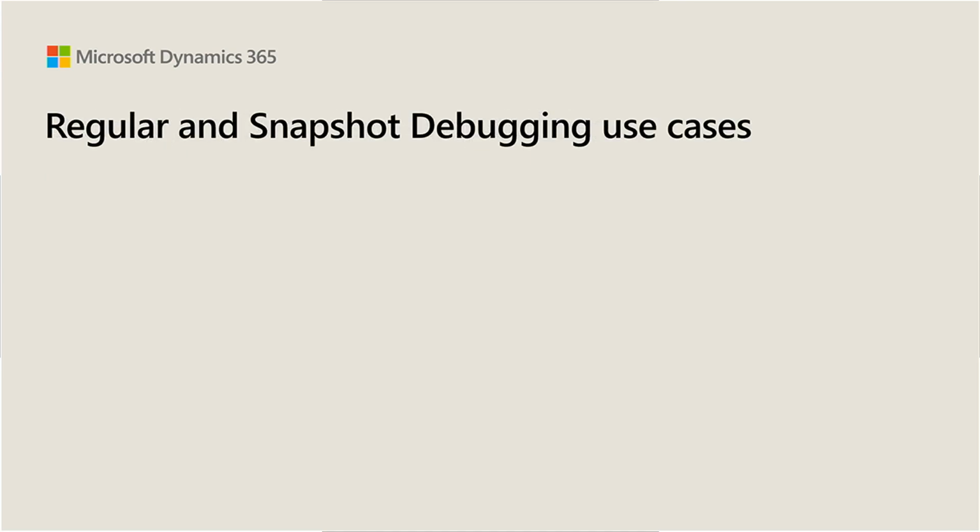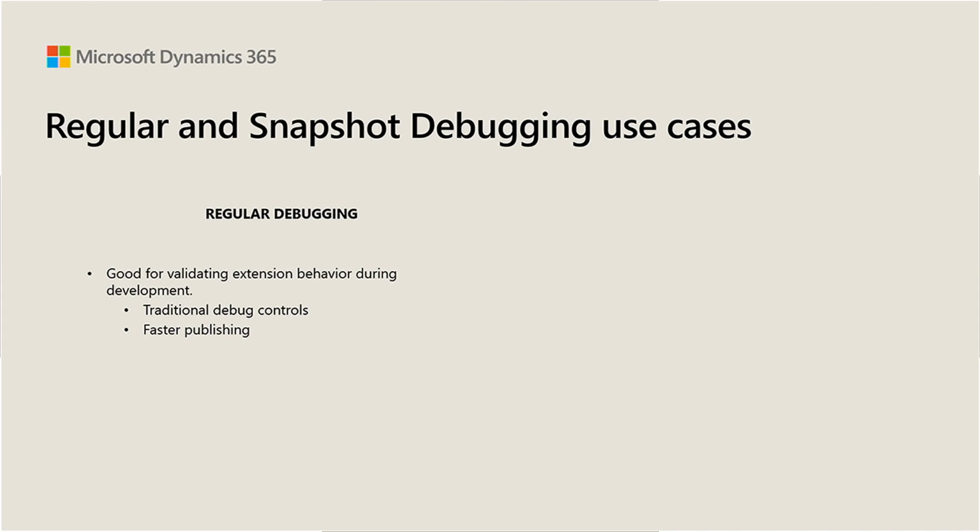All right, so that was it for the capabilities. And because of this, we also want to use regular debugging and snapshot debugging in different scenarios. So regular debugging is very good while you're actively developing your extension. Again, if you want these traditional debug controls of being able to inspect, set breakpoints, and so on, this is very good for that.